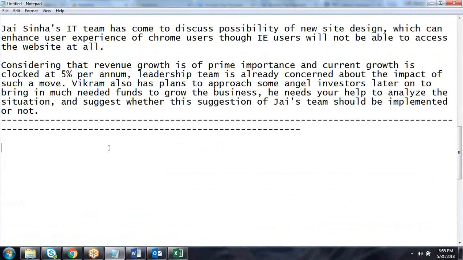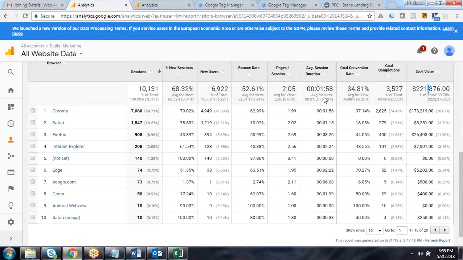Whenever we are solving any such question, let's understand what would be the impact. When I say that Chrome users would have a fantastic experience, or their user experience would be much more enhanced, tell me what KPIs would be impacted.